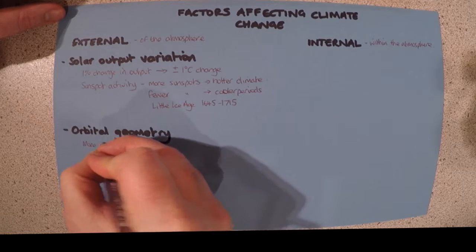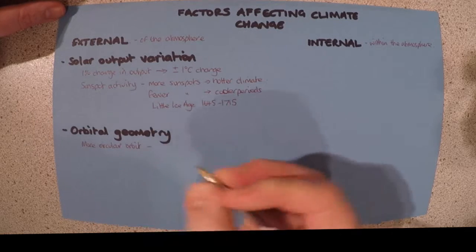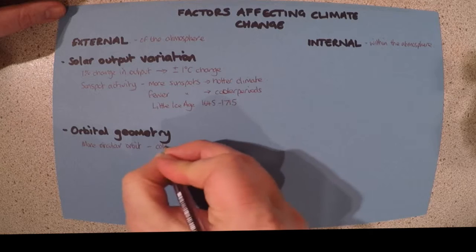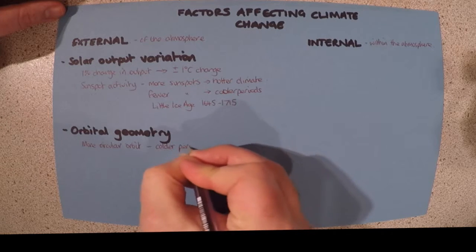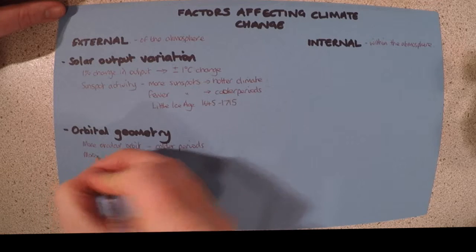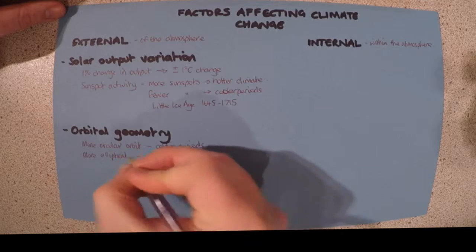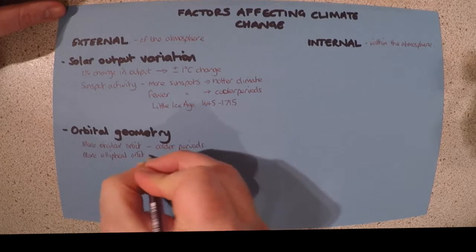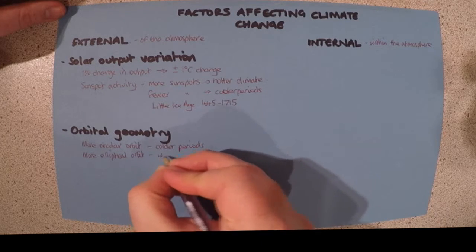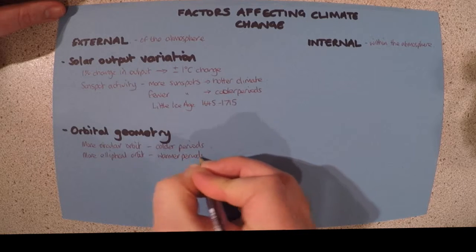When it's a more circular orbit, we tend to experience colder periods. When the orbit is more elliptical, then again we see that there are warmer periods.